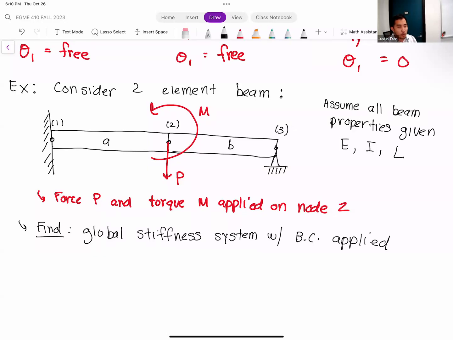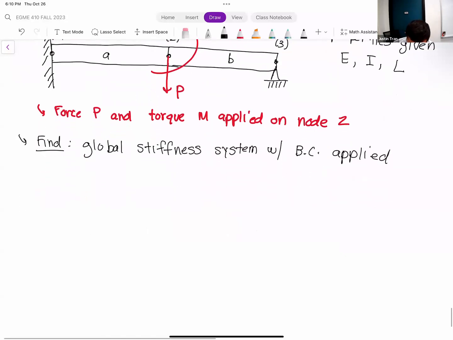All right, and so to find our global stiffness system, we're going to have to go through our usual direct stiffness method. So let's go ahead and start with the element stiffness matrices.